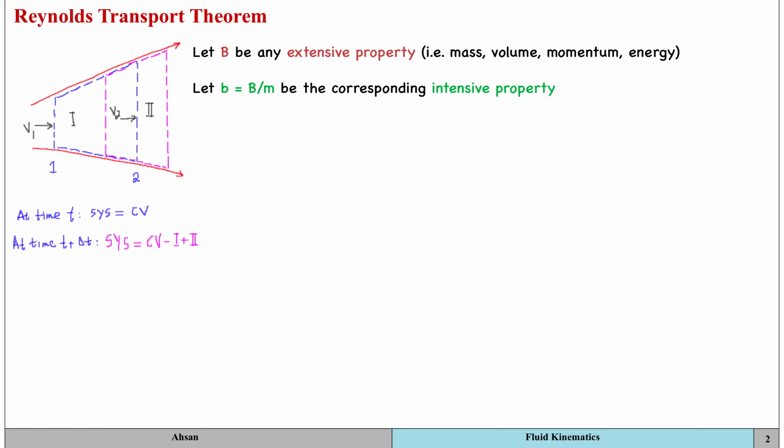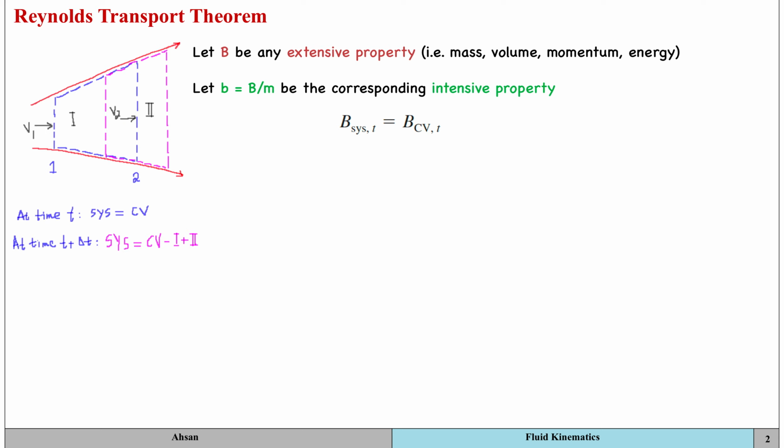So whichever property this is, if we were looking at this across the control volume or across the system at time t, because the system is the same as the control volume, the extensive property, which is dependent on mass, would be the same for the system as well as the control volume. So that is how we indicate it over here. And then at time t plus delta t, the system and control volume relationship has changed.